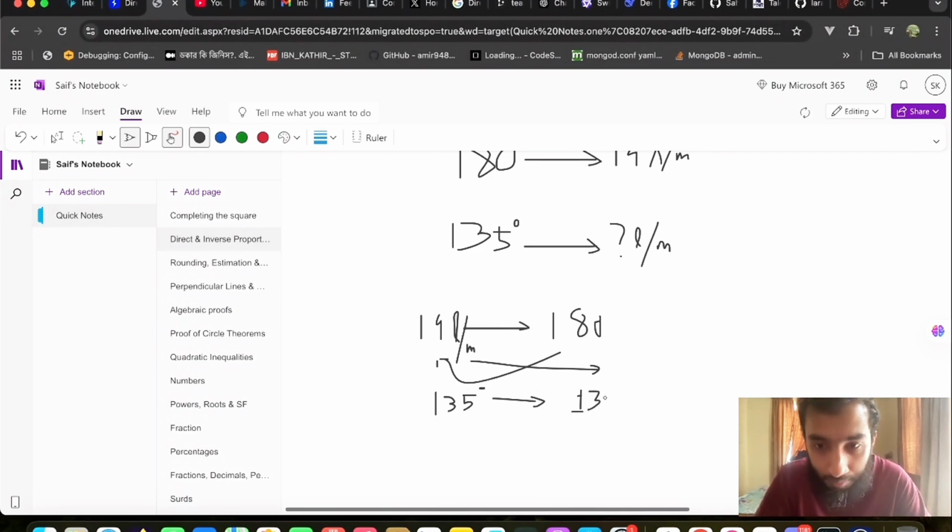The direct proportion is 135 out of 180, right? 135 out of 180 multiplied by 14 liters per minute.